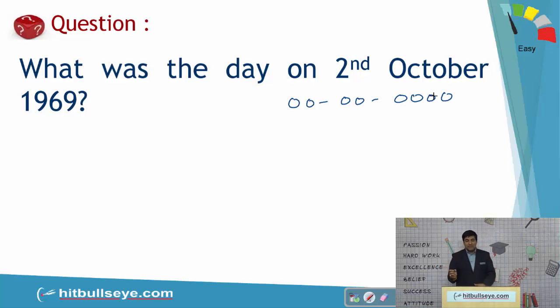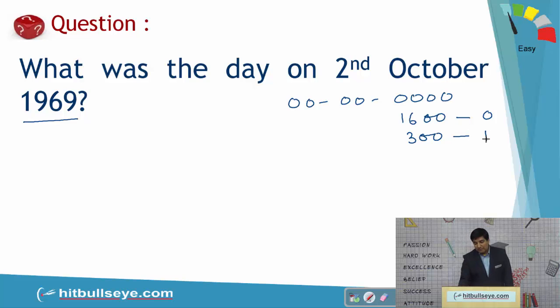So up to the year 1600, there will be no odd days. Adding 300 more years, because we need to go to 1969, in 300 years we have 1 extra day.